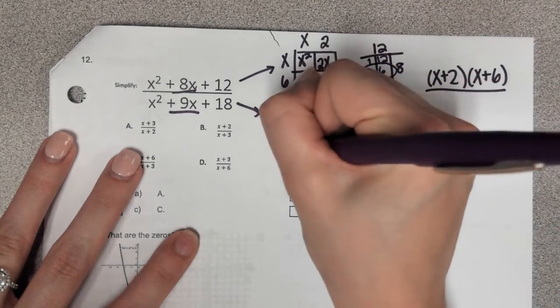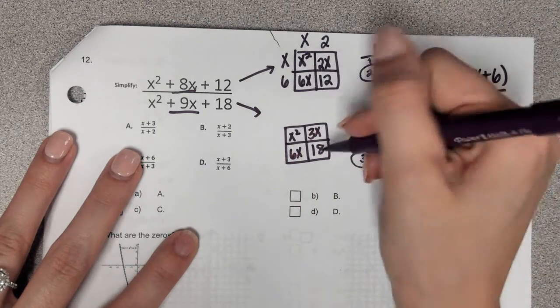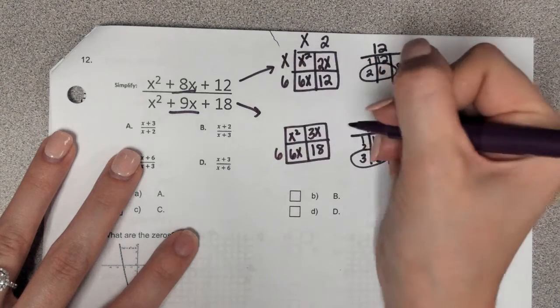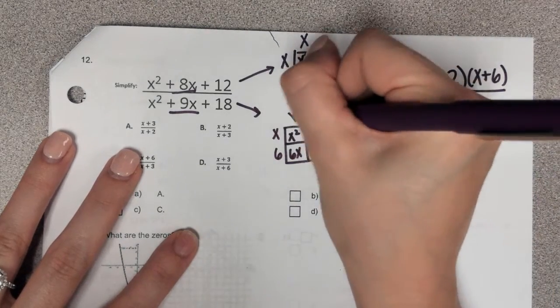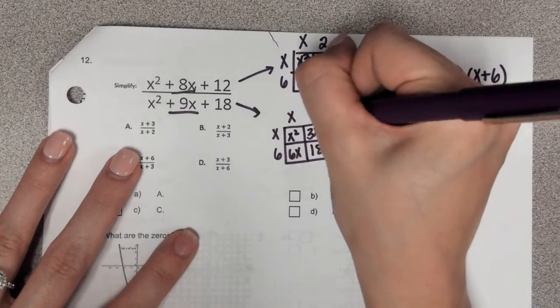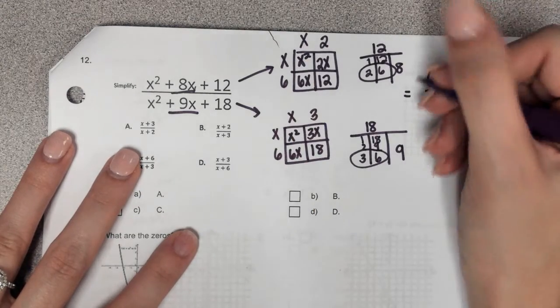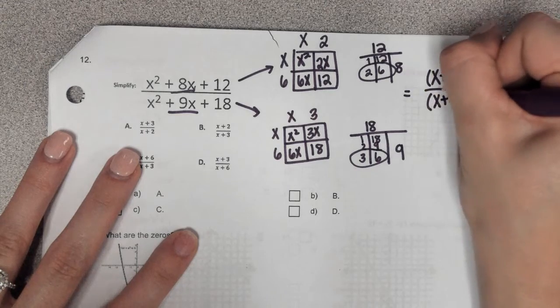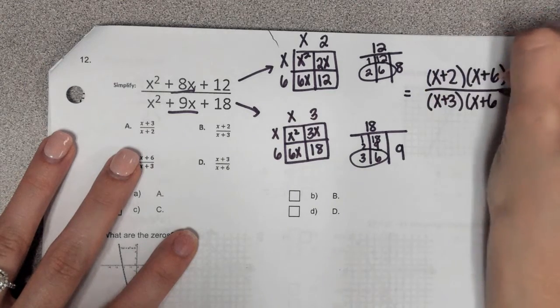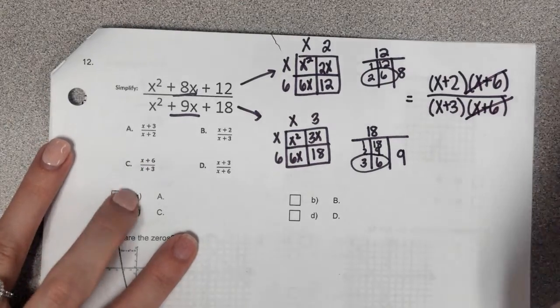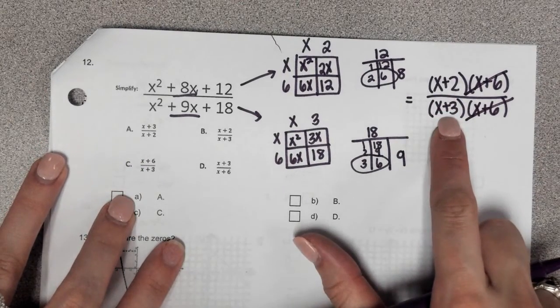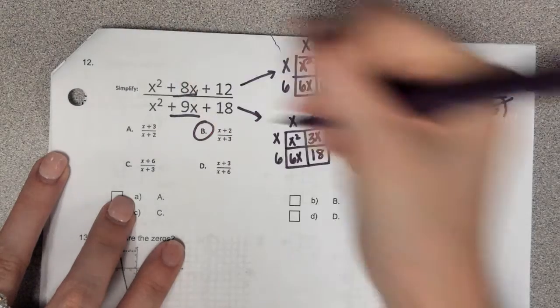So 3x, 6x. Both of those can be divided by 6. Both of those have an x. Both of those have an x. Both of those can be divided by 3. So your factors for the bottom are x plus 3 and x plus 6. This whole factor is in common, so your answer is x plus 2 over x plus 3. B.